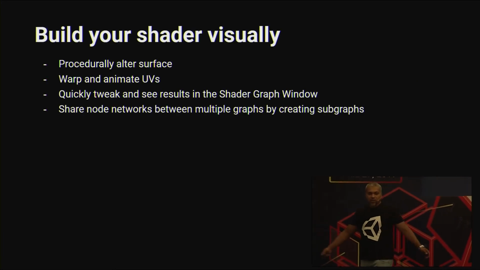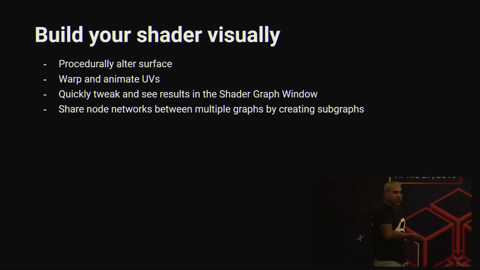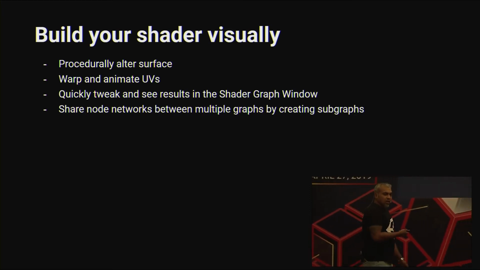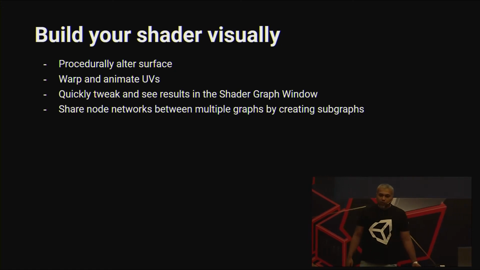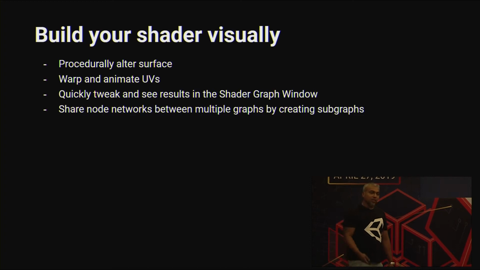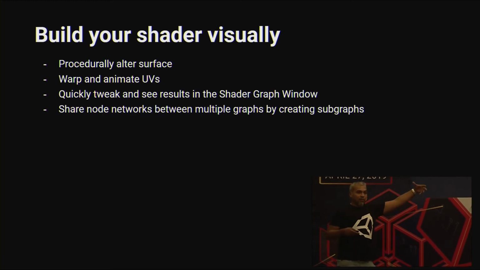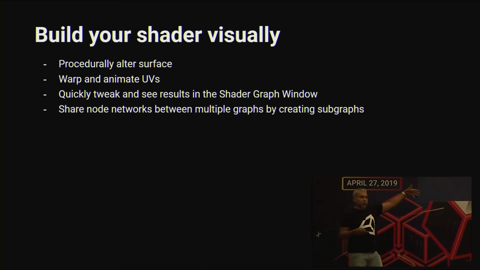That is shader graph, and it's really cool to build procedural shaders. As you saw, what we just built was a procedural shader by itself. We can warp and animate UVs, and you can quickly tweak and see results in the shader graph window itself. If you guys noticed on the right hand side bottom, we did have a preview window where you could see in real time what is actually happening.